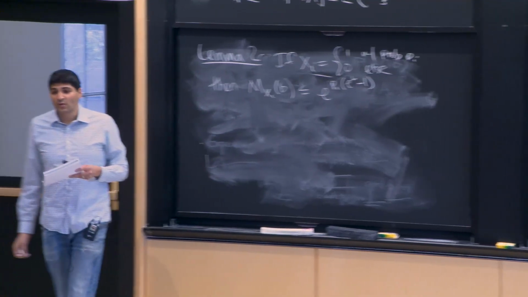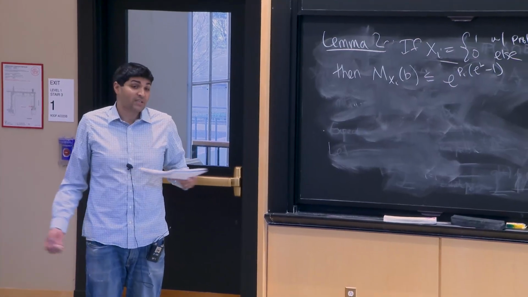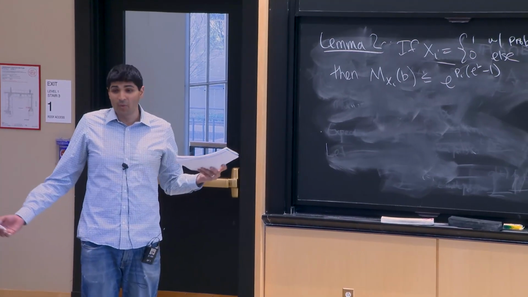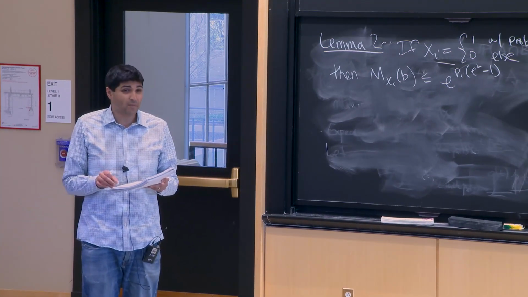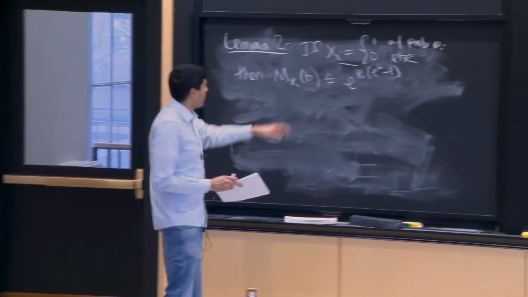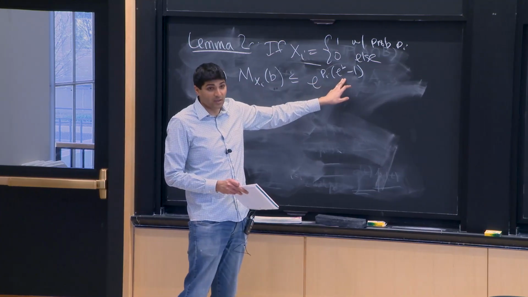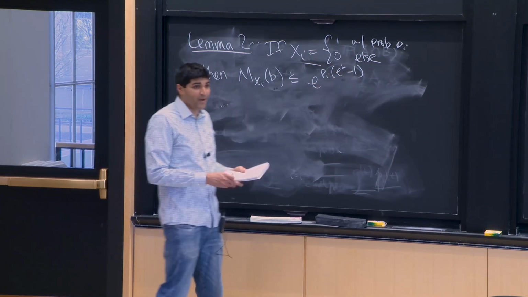So this is now just a numerical value for it. Obviously, it has to depend on what the probability pi is of xi being 1 for that Bernoulli random variable. It also depends on where we're evaluating the moment generating function, because that shows up as a double exponential bound.